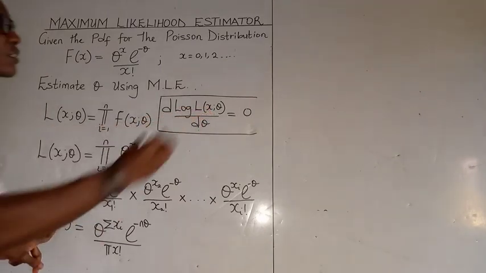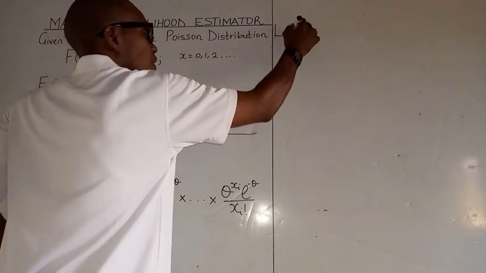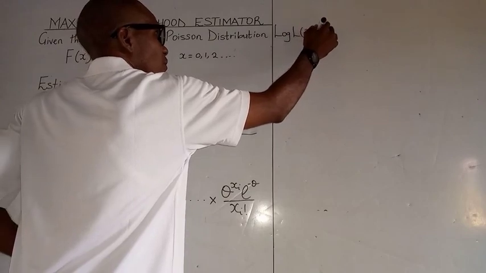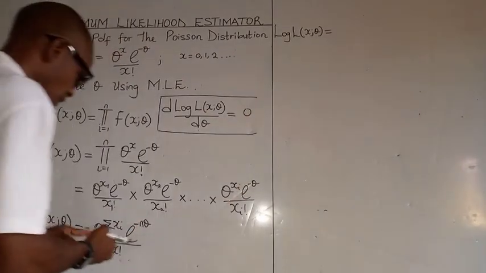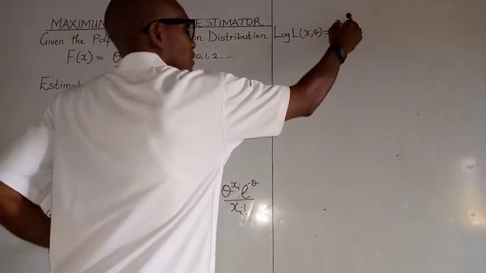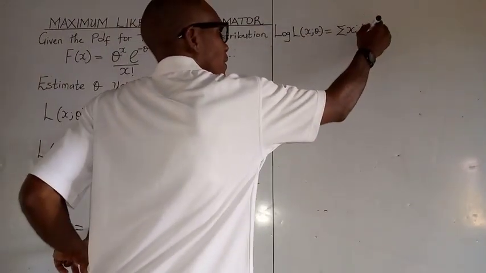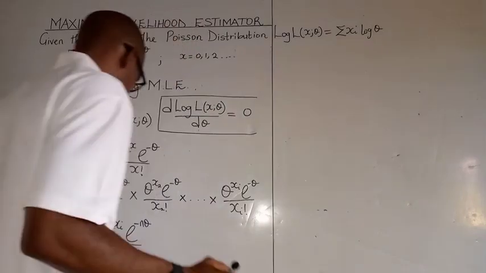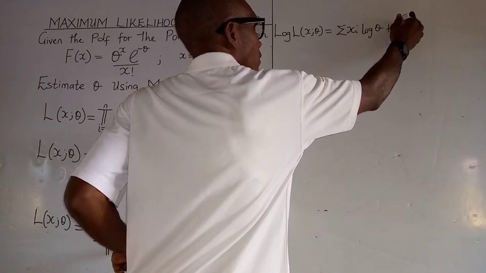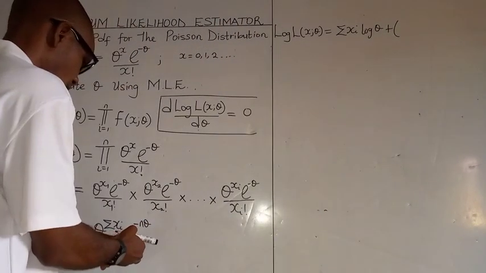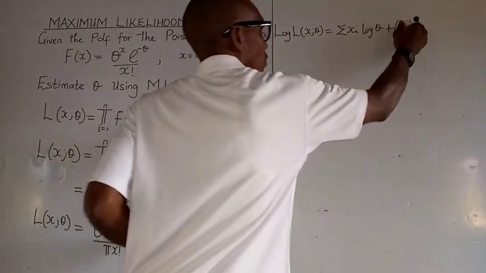So the log of the likelihood function, if you take the log of this, you get summation of xi log theta plus, if you take the log of the exponential function, you get that function.